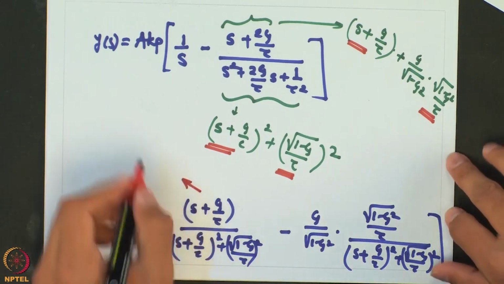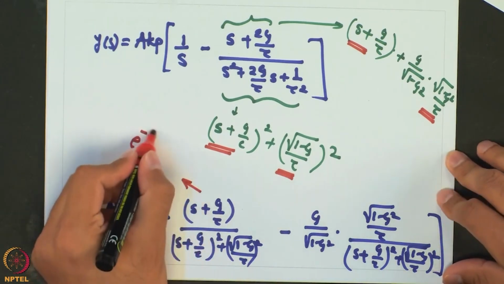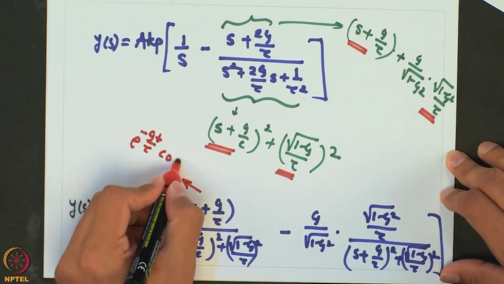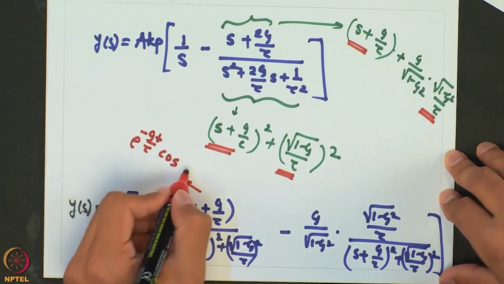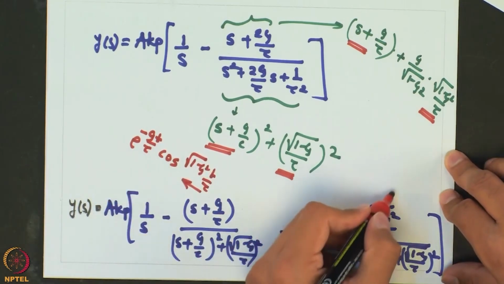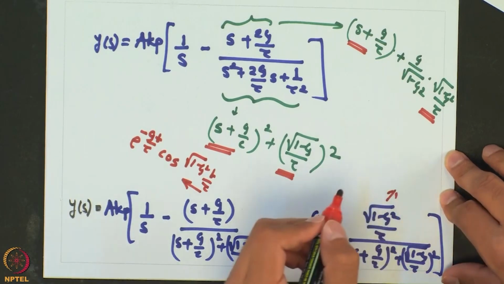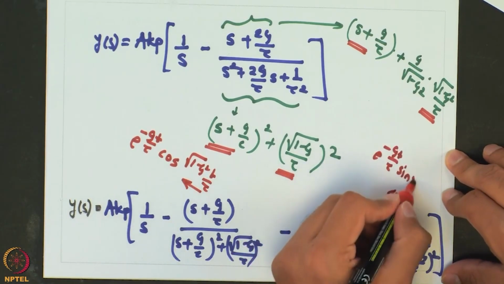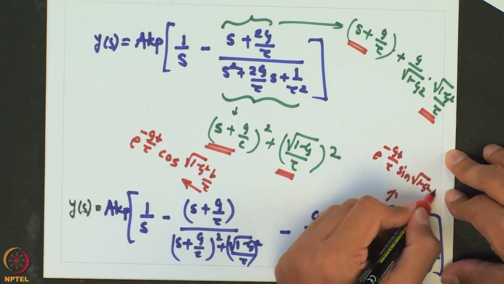So the inverse of this would be of the form e raised to minus zeta t over tau cosine of root of 1 minus zeta^2 t over tau, and inverse of this term is going to give me e raised to minus zeta t over tau sine of the same angle, root of 1 minus zeta^2 t over tau.